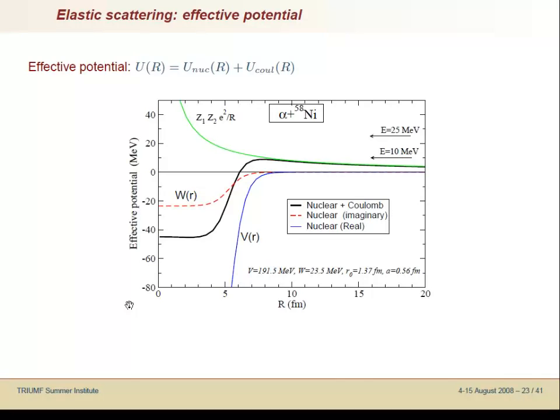But if we increase the energy, then the turning point will be somewhere here, or no turning point. We will start to feel the imaginary part and the absorption. So we expect other effects. We will depart from pure Coulomb scattering. So it's a good idea to have a picture in mind of what you should expect.